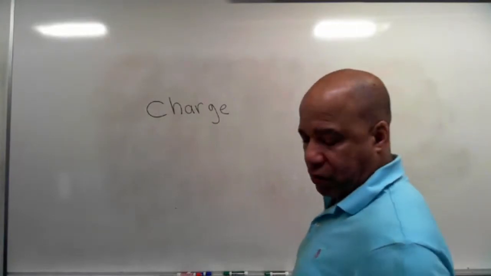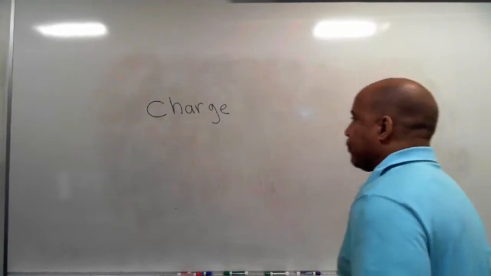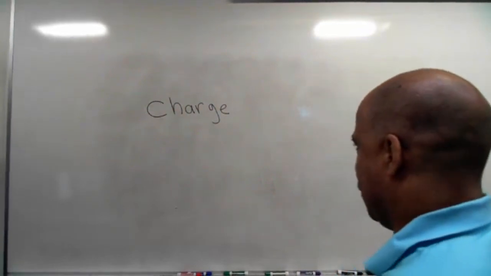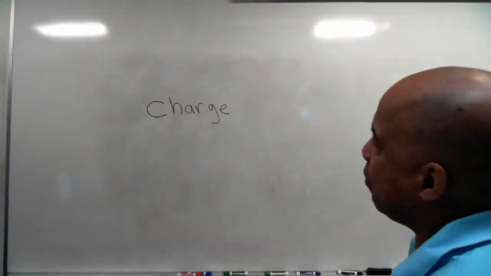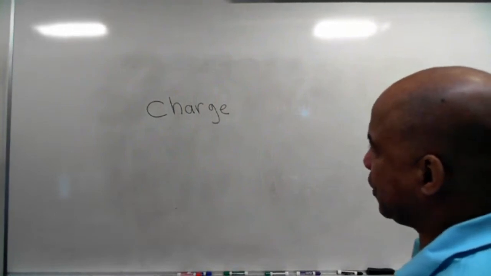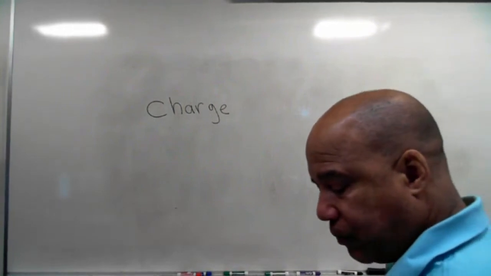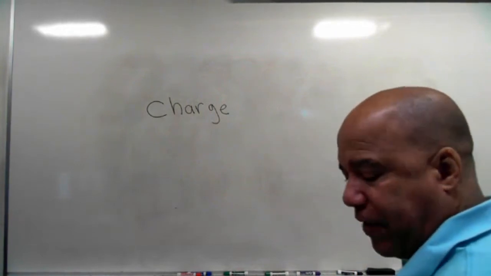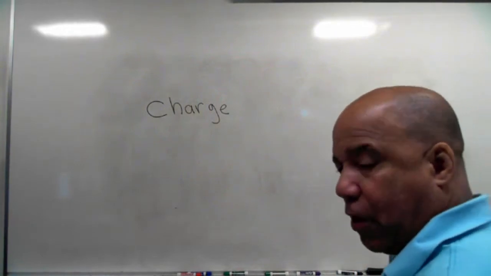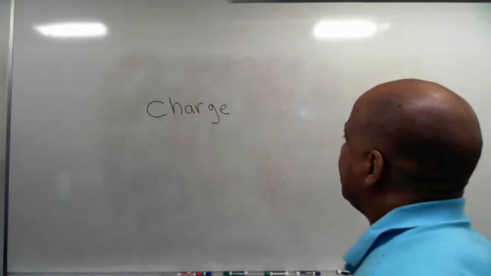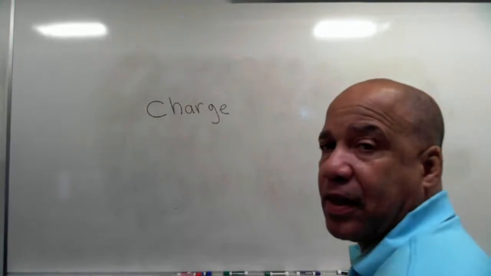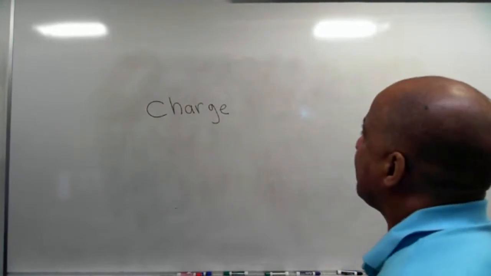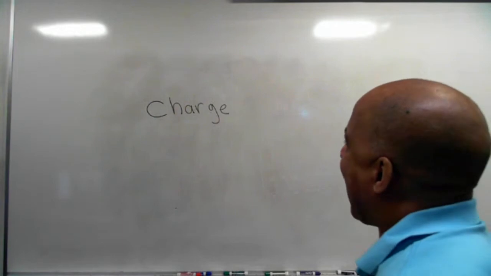Now, charge is one of those words that can be used as a noun or a verb. There's certain words in the English language that can be used as both a noun and a verb depending on how you use it. Remember, a noun is a person, place, or thing. A verb is some kind of action word.